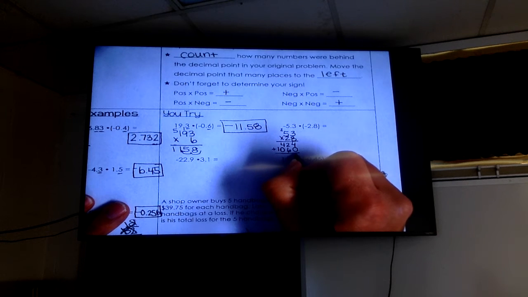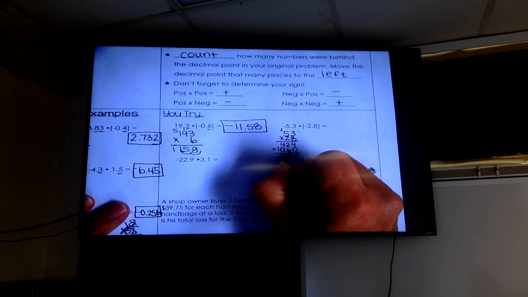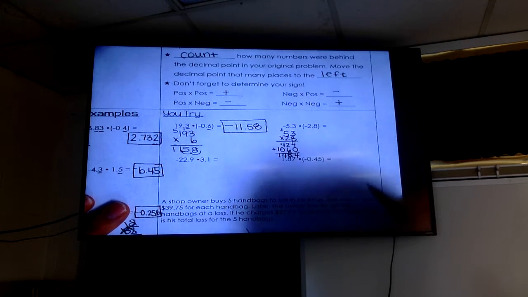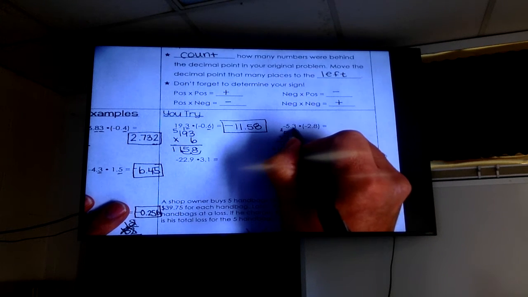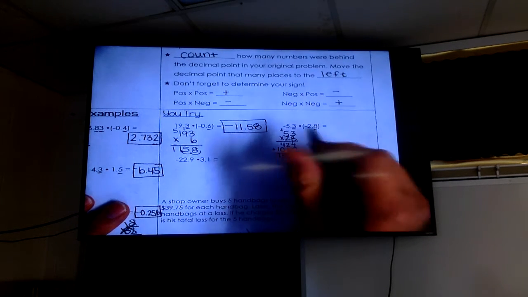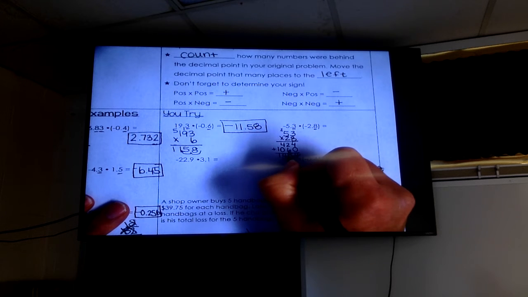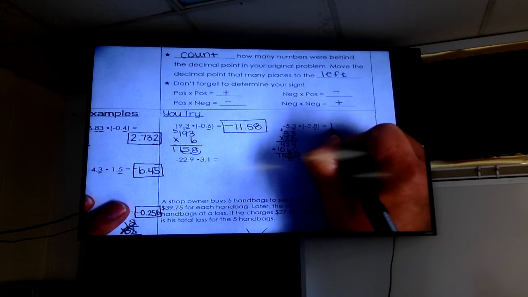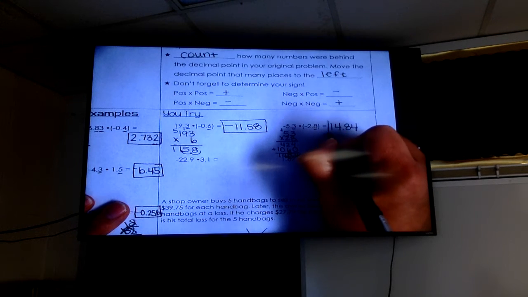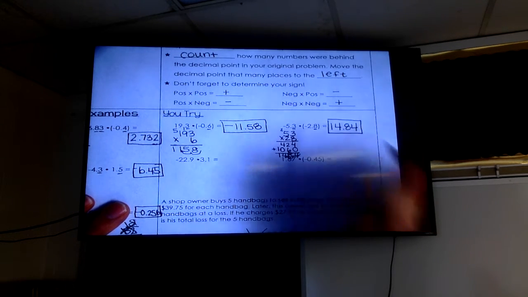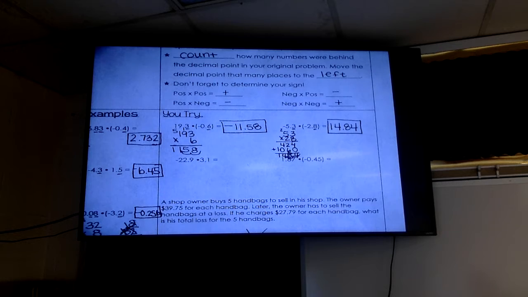I'm going to add 4 plus 0, 2 plus 6, 4 plus 0, and 1. So I have 1484. And now I've got to figure out where my decimal belongs. I have 2 numbers behind the decimal point, which means I need to move it 2 places to the left. So my answer is 14 and 84 hundredths. A negative times a negative is a positive, and when I multiply those together, I get 14 and 84 hundredths.